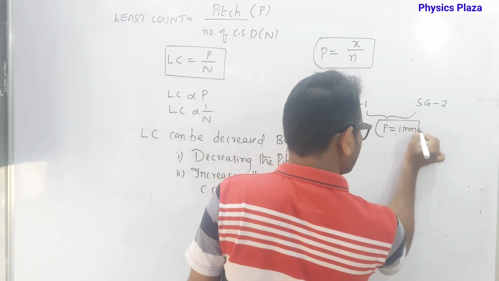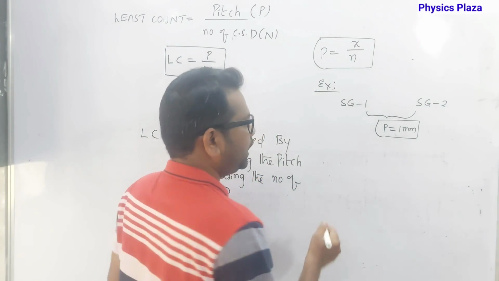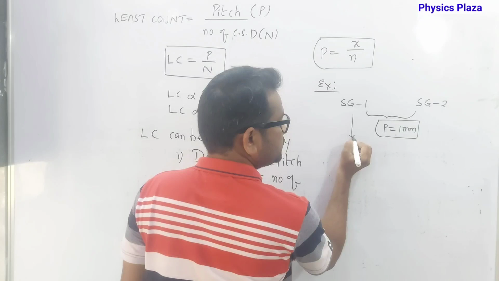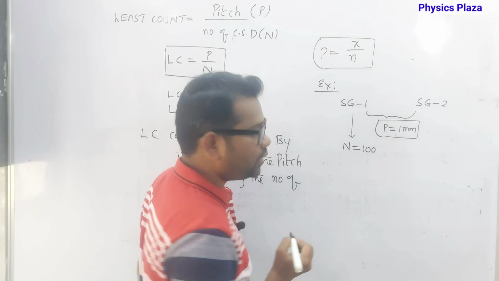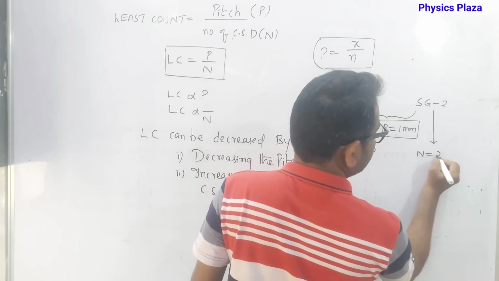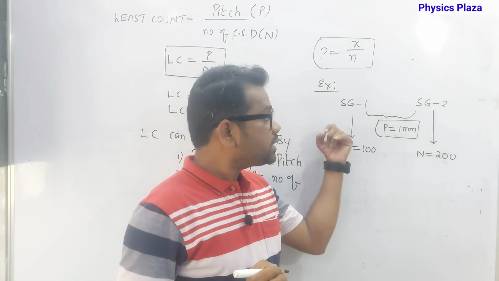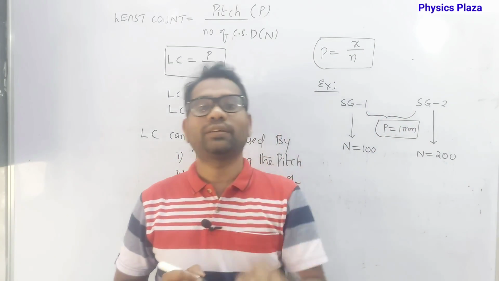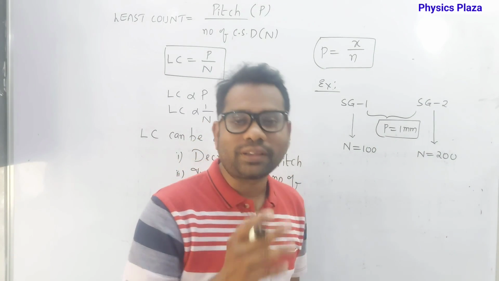But the difference is that in screw gauge 1, the number of circular scale divisions are 100, whereas in screw gauge 2, the number of circular scale divisions are 200. Now my question is, which screw gauge will have more accuracy? Children, it's very, very important.